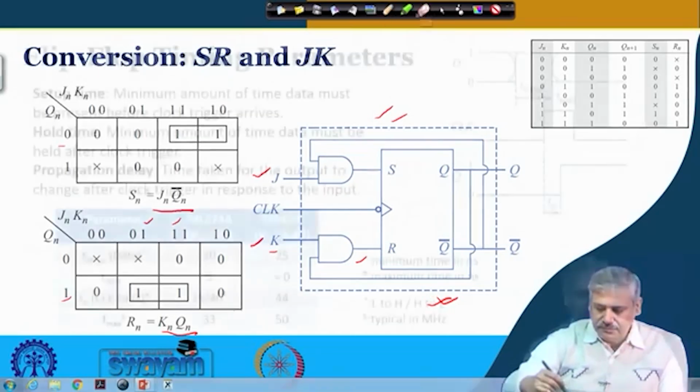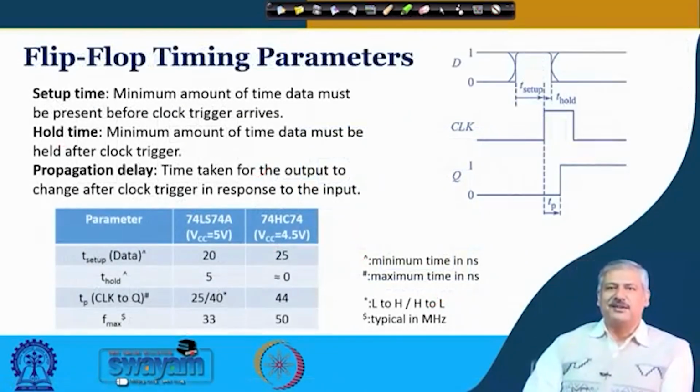Fine. To end this particular lecture, we would like to get introduced to another important concept, that of flip flop timing parameters, and their significance. As I said, the timing diagram is the key to exhibit how things work with respect to time, which is not very clear from the truth table, excitation table, or other forms of representation.